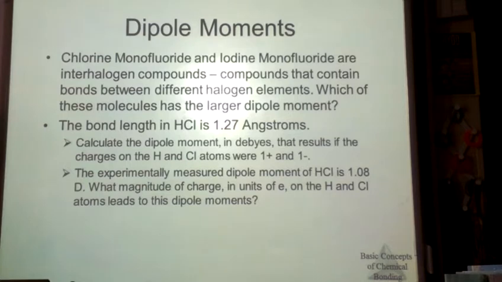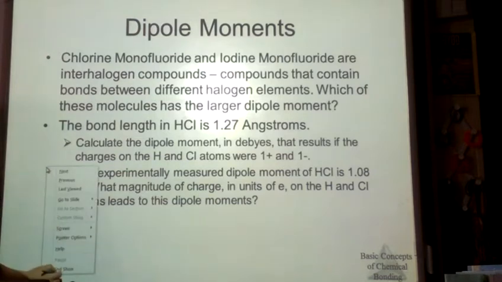So I have chlorine monofluoride and iodine monofluoride, which are interhalogen compounds, meaning compounds that contain bonds between different halogen elements. Which of these molecules has the larger dipole moment? So chlorine monofluoride versus iodine monofluoride.